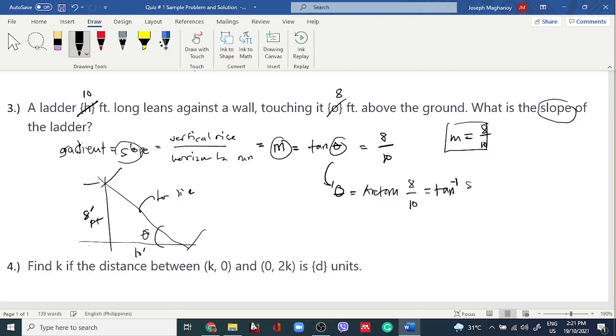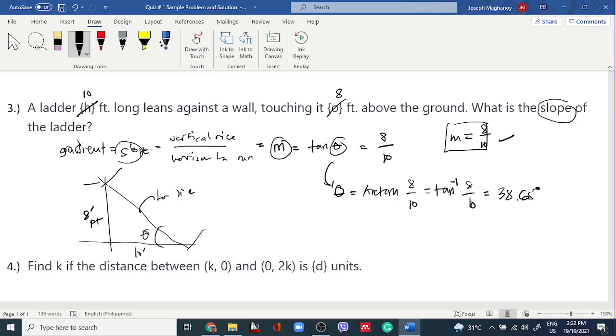So for the angle, that is equal to 38 degrees, if the angle is the one being asked. But in this problem, you're only asked for the slope. So the answer is 8 over 10. Okay?